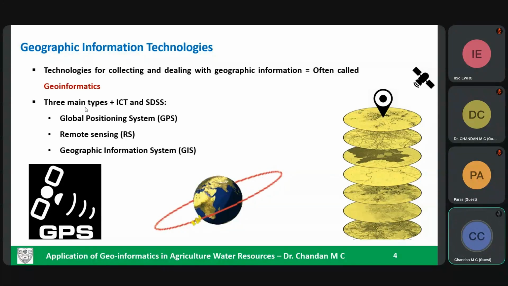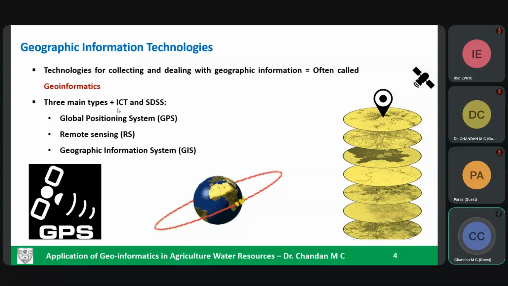One is information communication technology, that is ICT, and SDSS, that is spatial decision support system, which has already been demonstrated by the IISc WRG team under projects like BUIS, that is Bangalore Urban Information System, and BLIS, that is Bangalore Lake Information System.